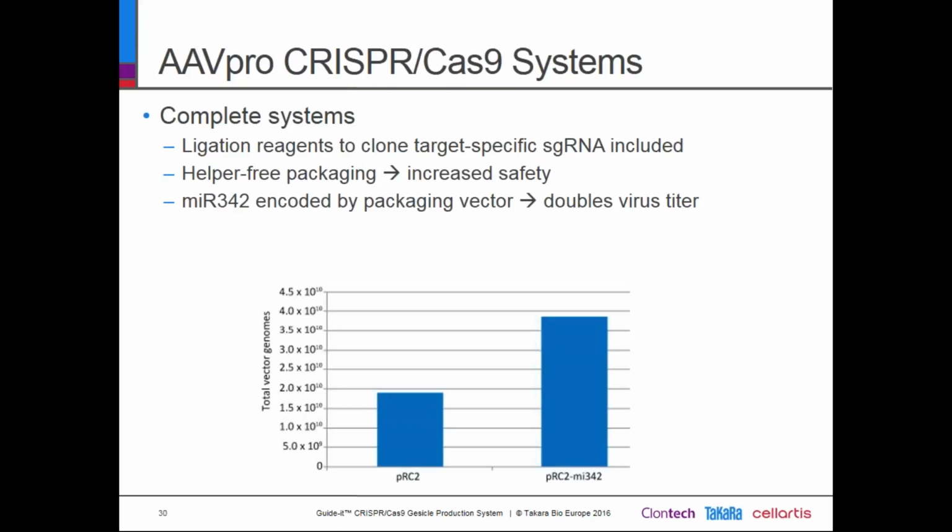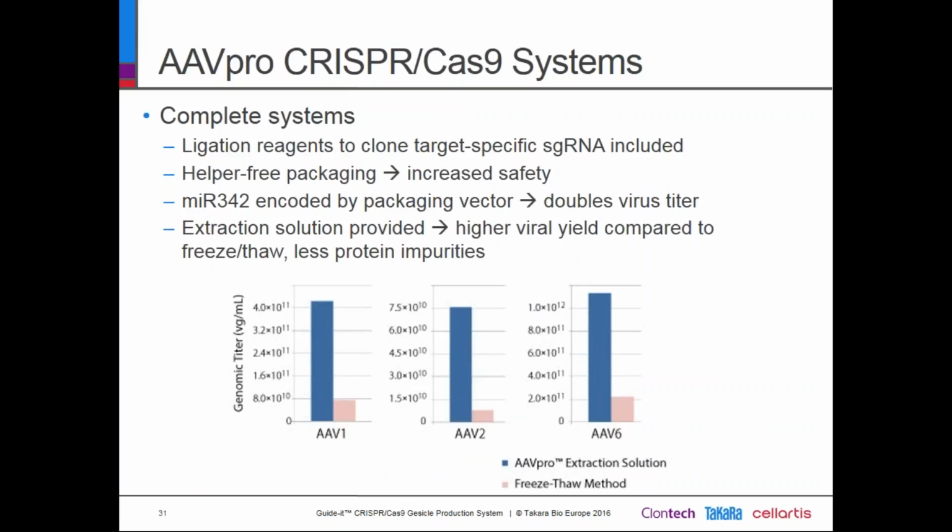This is shown in this figure here. The overexpression of this microRNA in the packaging cells greatly helps to increase the viral titer compared to a packaging vector without the microRNA. And the last point I would like to mention is that our systems also contain the AAV extraction solution.